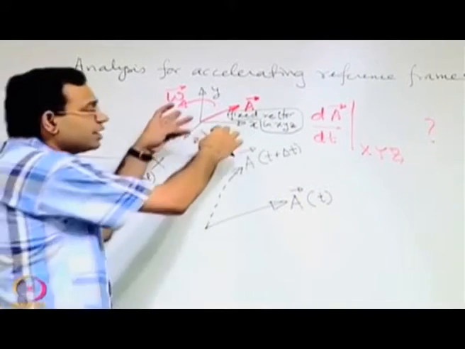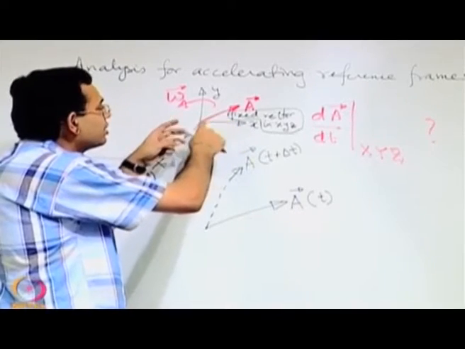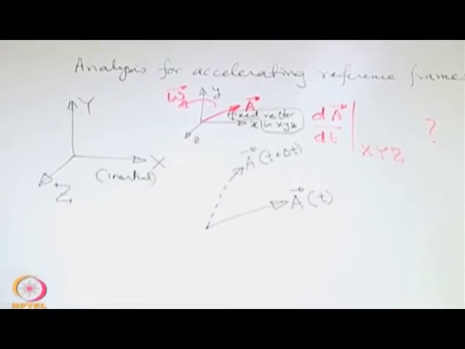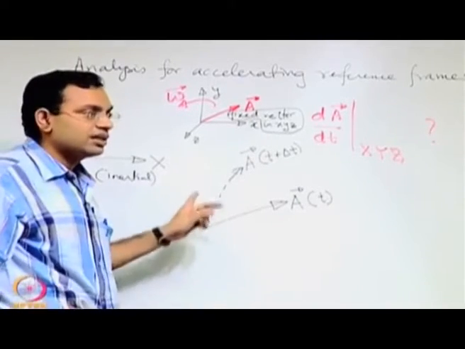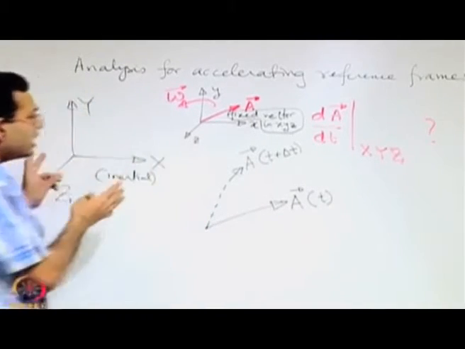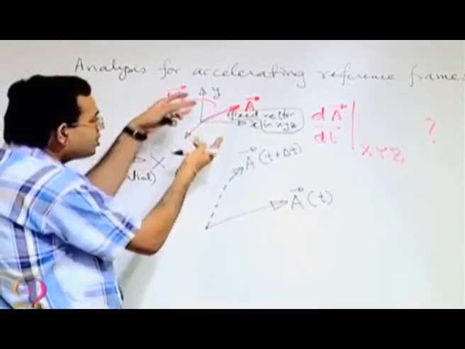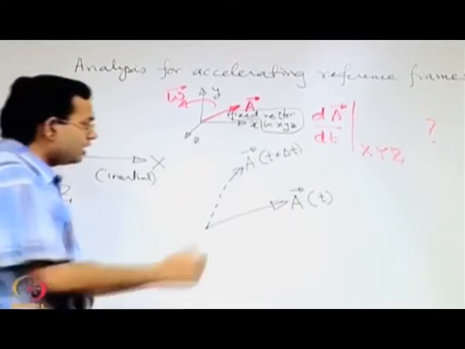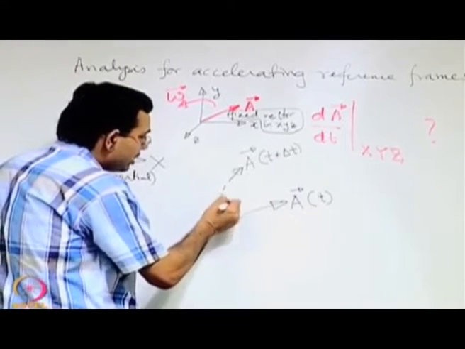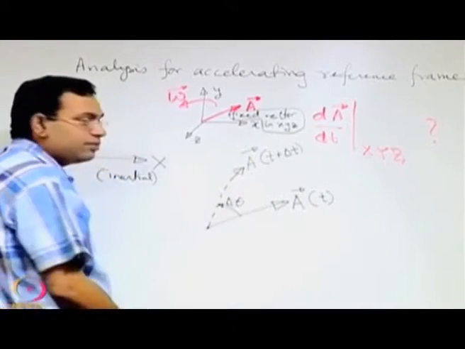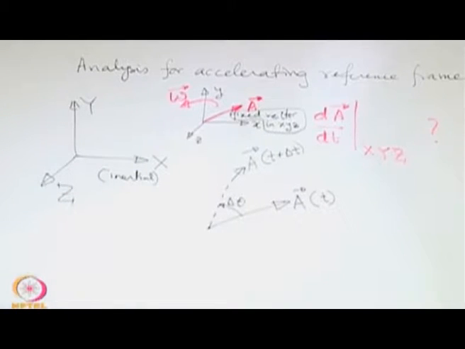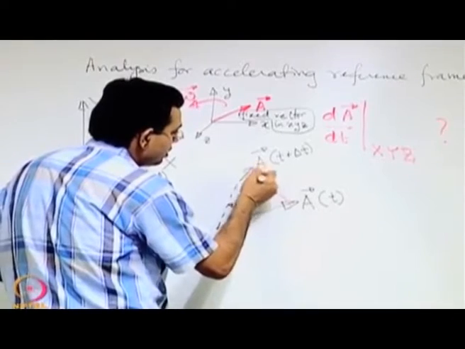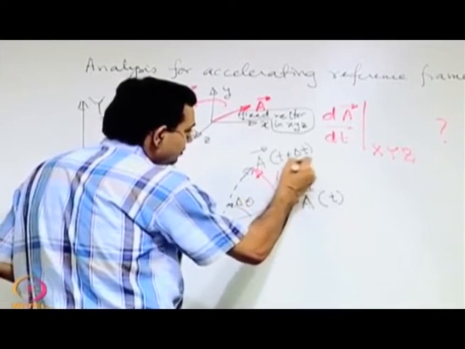That means, if you are sitting on this, you do not see any change in the length, and if you are outside, although it is same in length, because the reference frame is rotating, this also rotates. Let us say that it traverses an angle delta theta over this time delta t. So, what is the change in the vector? The change in the vector is this delta A, right.